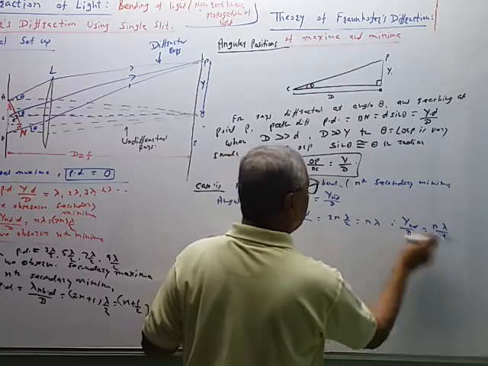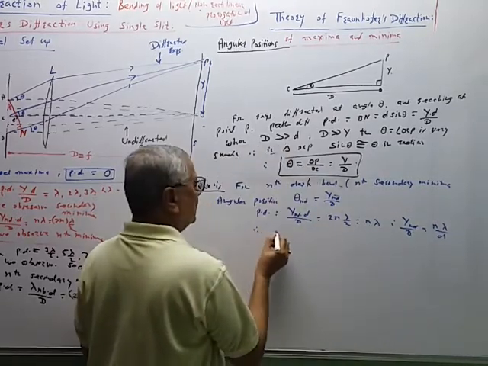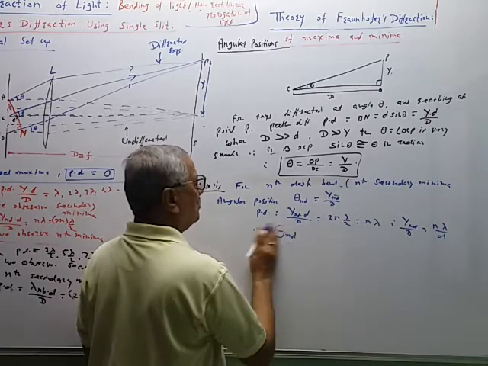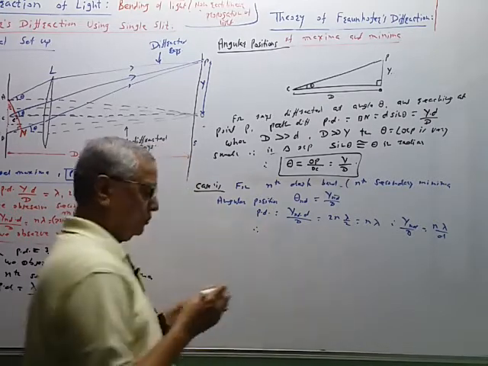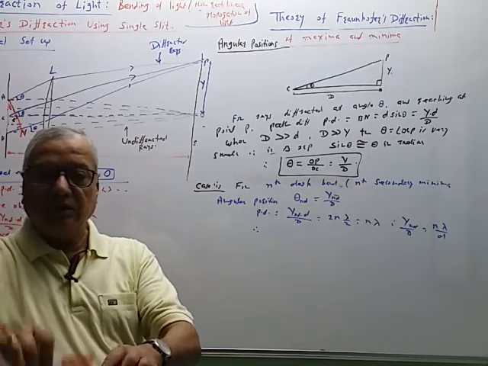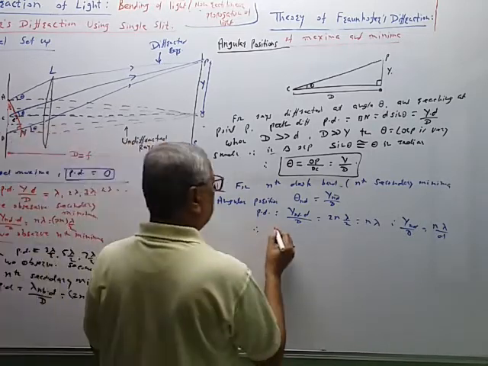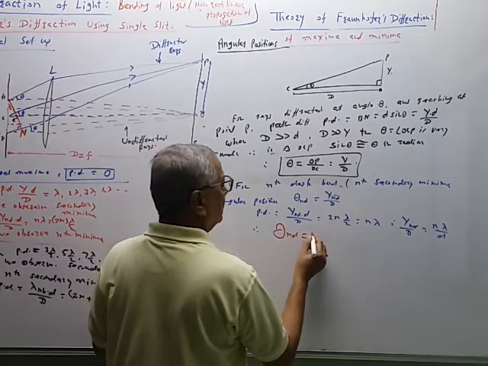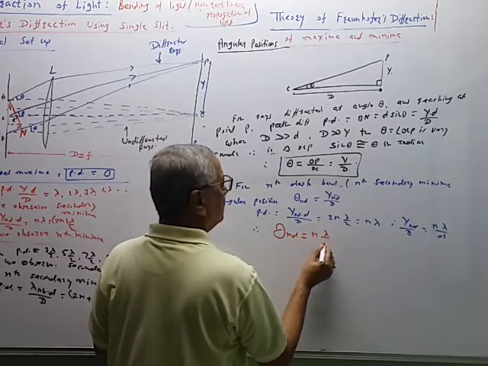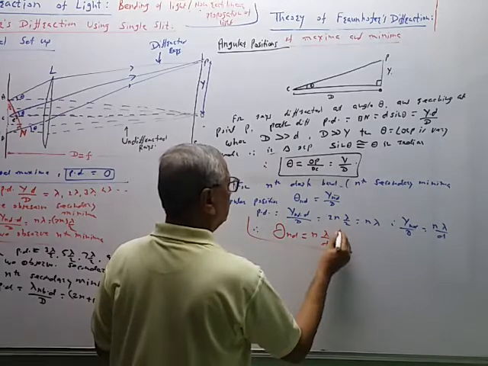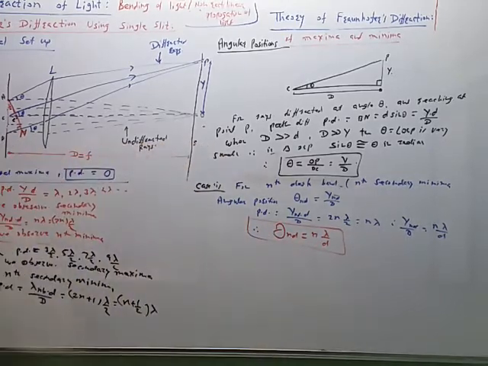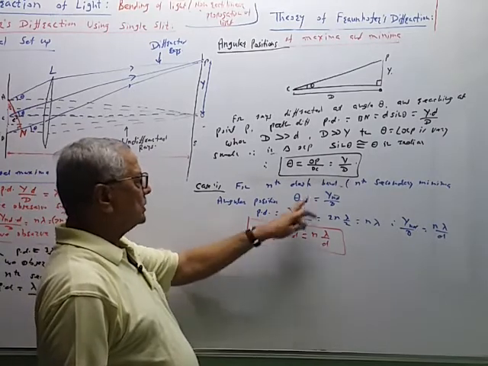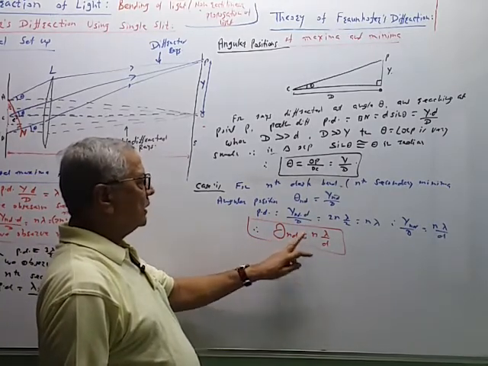So if you equate this value, therefore the condition is like this: theta nd, angular position of the nth minima, theta nd is equal to n into lambda upon d. So lambda and d are comparable, necessary condition. So this gives the angular position of the nth minima.